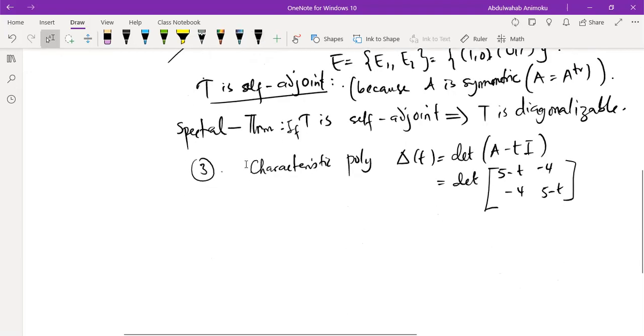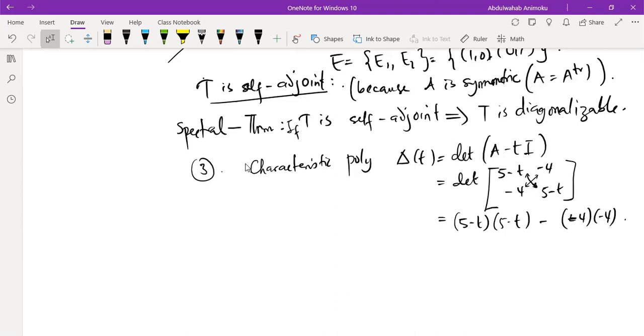We need to find the determinant of this, which is when you multiply this diagonal minus this diagonal. So that will be (5 minus t) times (5 minus t), then minus (minus 4) times (minus 4). This gives us (5 minus t) squared minus 16.